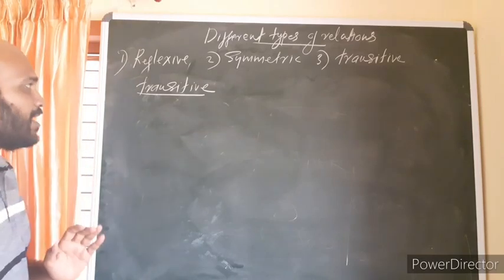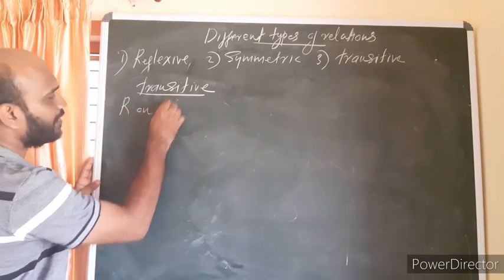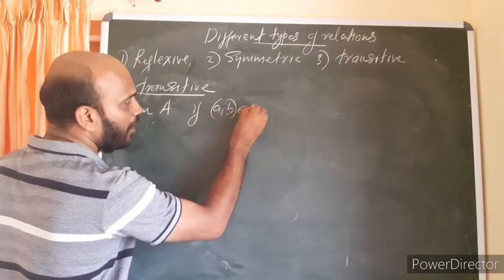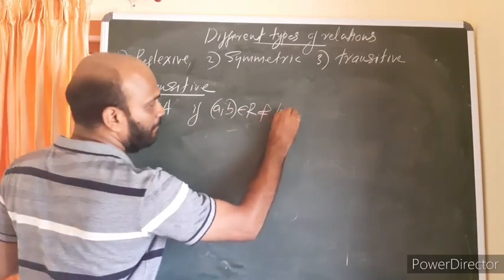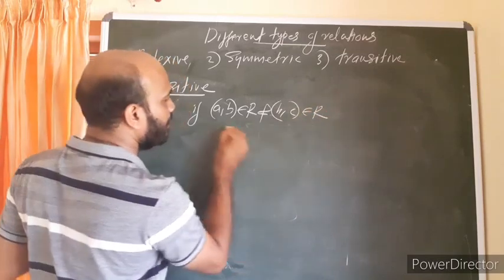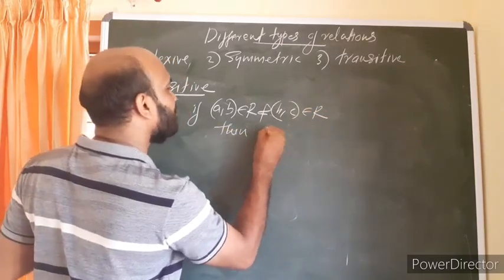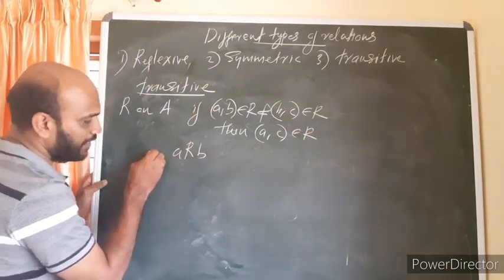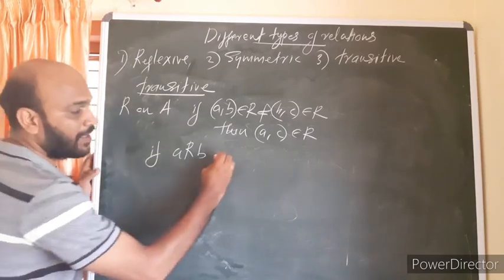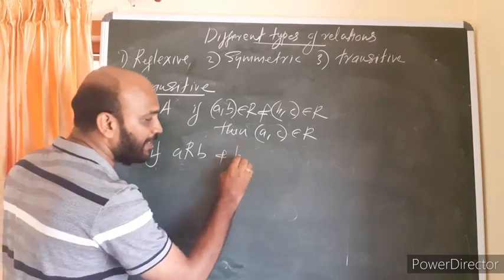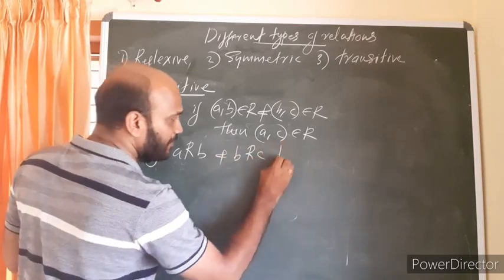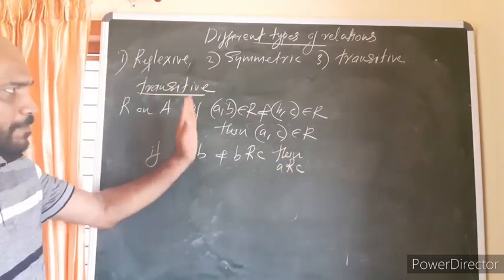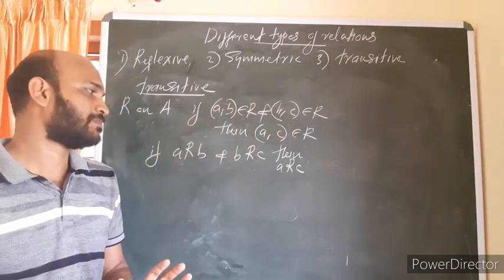Its definition is like this: a relation R on A is said to be transitive if AB belongs to R and BC belongs to R, then AC belongs to R. That means if A is related to B and B is related to C, then A should be related to C. If AB is there, BC is there, then AC should be there.